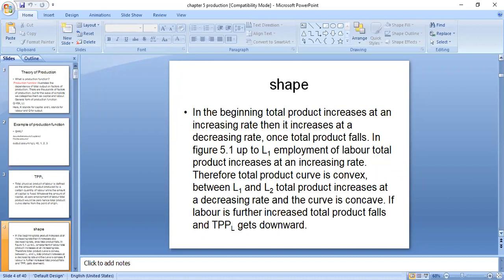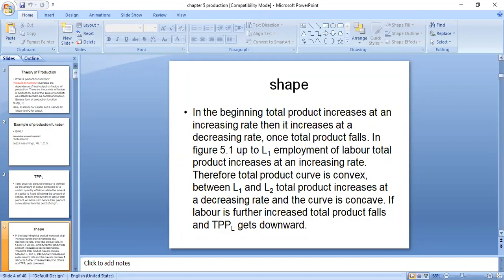Up to L1 employment of labor, total product increases at an increasing rate. Therefore, the total product curve is convex. Between L1 and L2, total product increases at a decreasing rate, the curve is concave. If labor is further increased, the total product falls, TPP goes downward. So this is the shape.